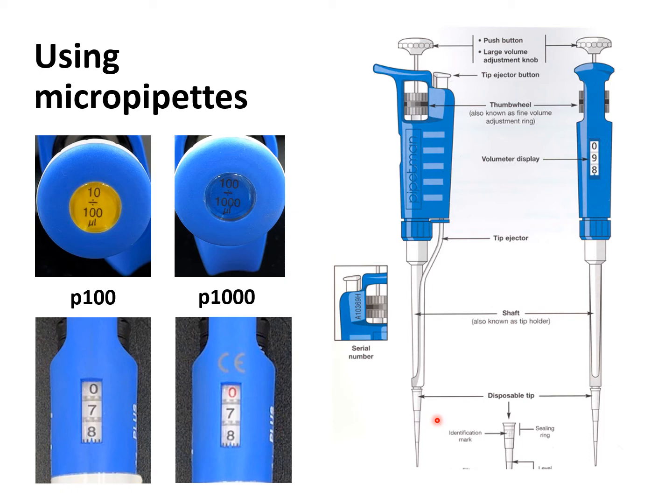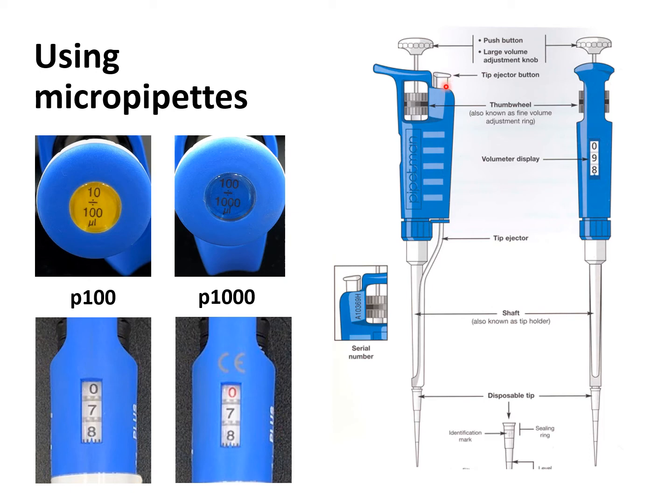Now, this disposable tip needs to be ejected before you draw up fluid from another sample so that you won't contaminate your samples. Now, how do we eject that disposable tip? There is an ejector button right here.